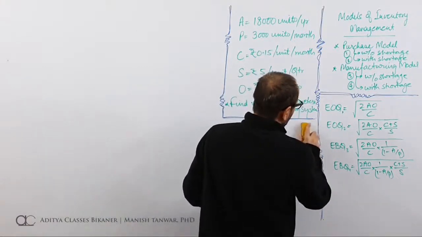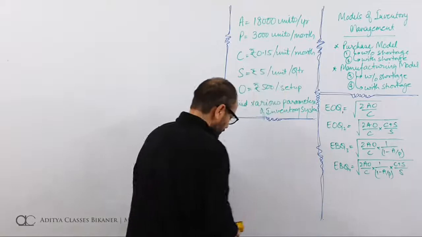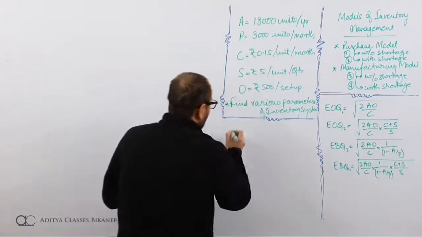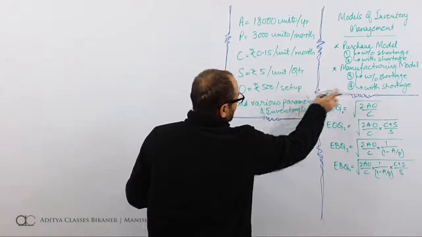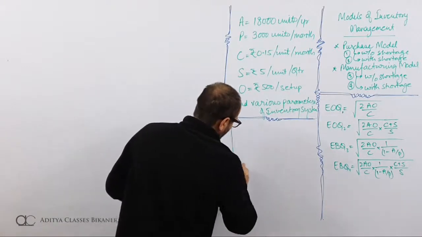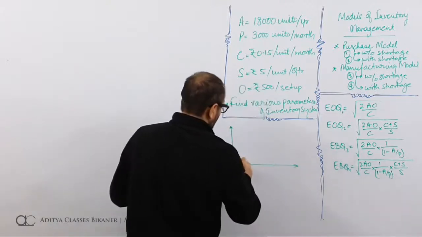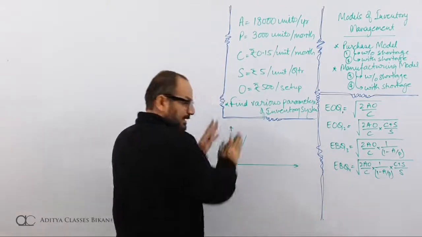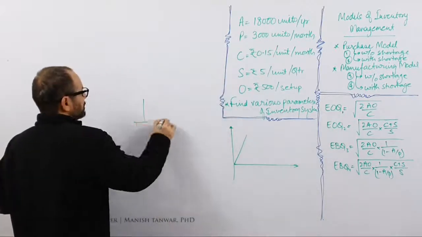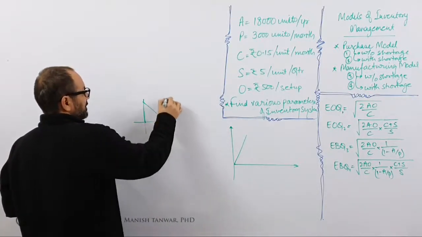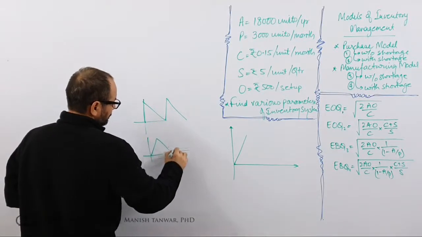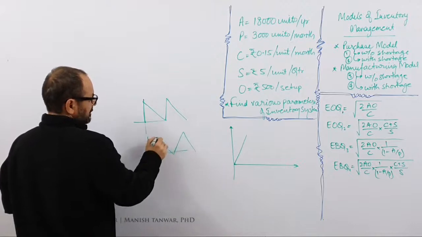Now that I know I am dealing with the fourth model, can I go ahead and plot it? The fourth model is manufacturing with shortage. It goes like this. It is manufacturing, so it rises slowly. It is not instantaneous replenishment. In purchase models, it was instantaneous replenishment, but in manufacturing models, it is always a slow rise.